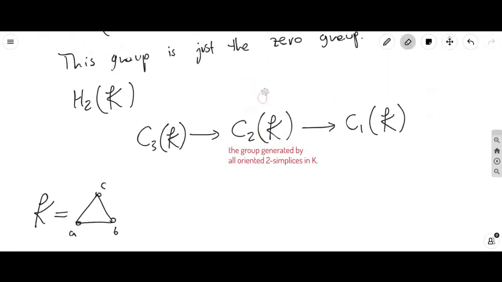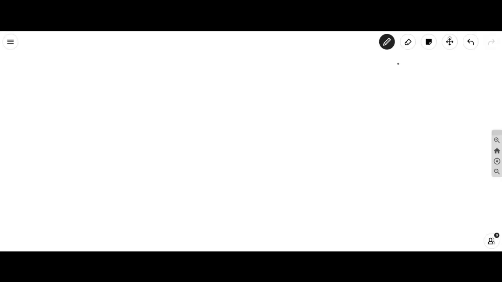And now it's very easy to find the homology, because the homology will consist of all two simplices that are cycles. Well, there's only one of them, and that's just 0. So thus, the two-dimensional homology of this complex is the 0 group. And the exact same argument works for every higher dimension. Now, the most interesting one of all is the first homology. So let's do that one.